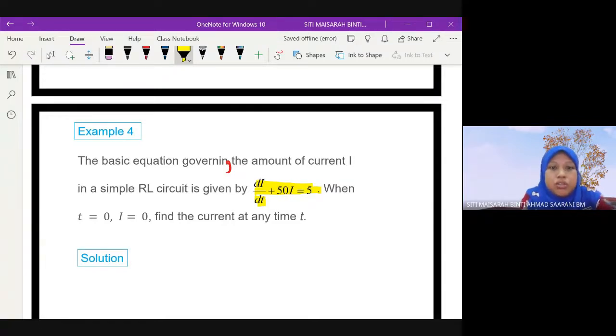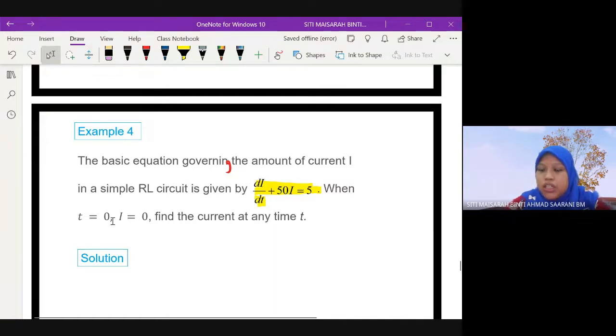Okay. So dia dah bagi differential equation dia. And then when t equals to 0, I equals to 0. Yang ni untuk cari dia punya constant dia lah. T equals to 0, I equals to 0 ni kita nak cari particular solution sebenarnya.